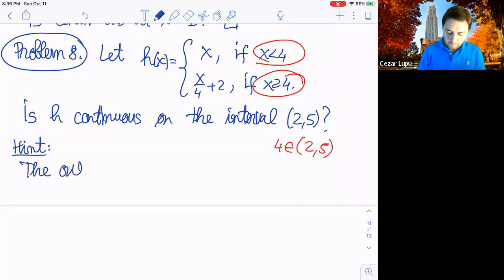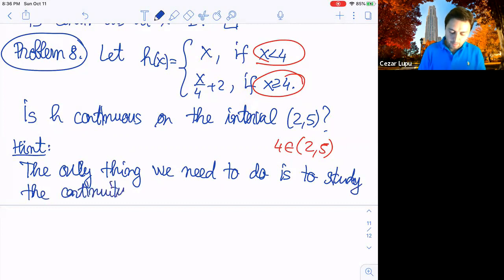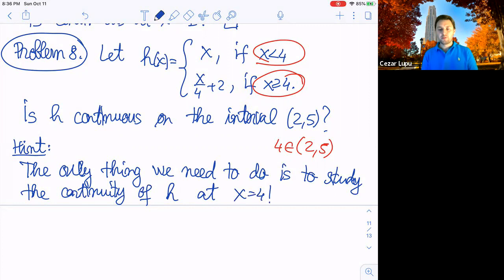The only thing we need to do is to study the continuity of my function h at the point x equals 4. And you will proceed in the exact same manner as we have seen in the previous examples.